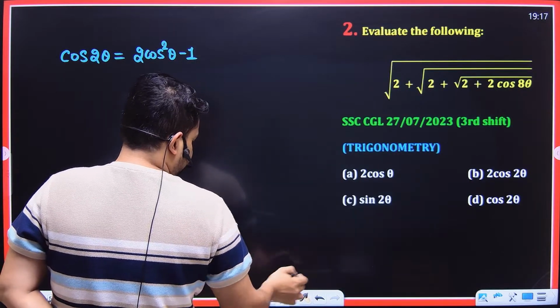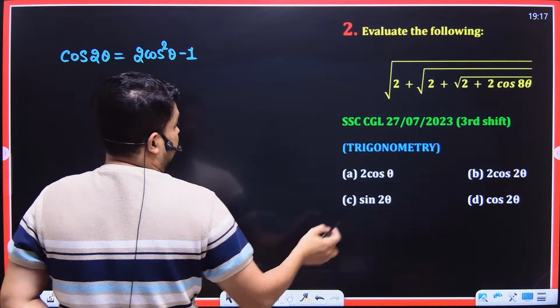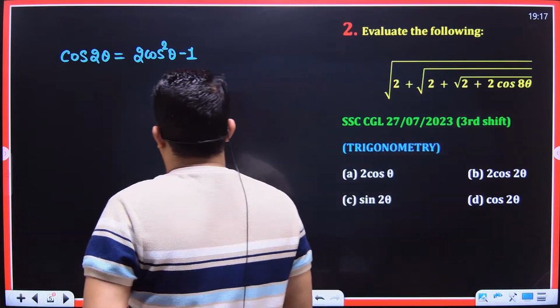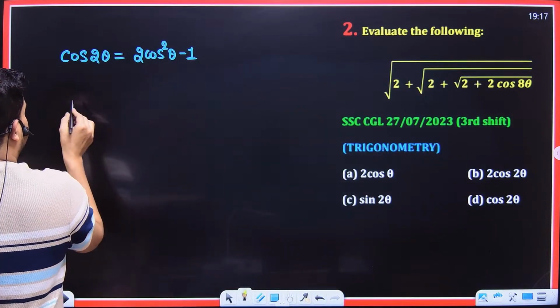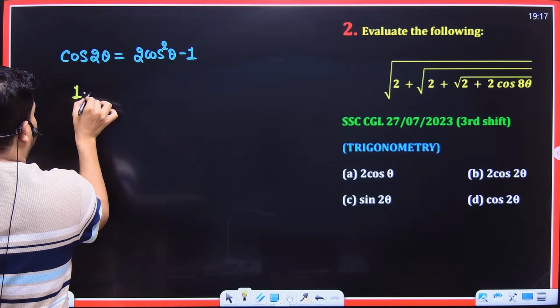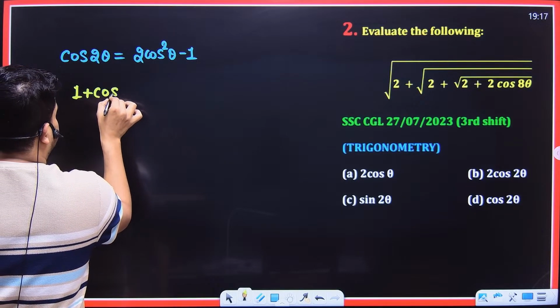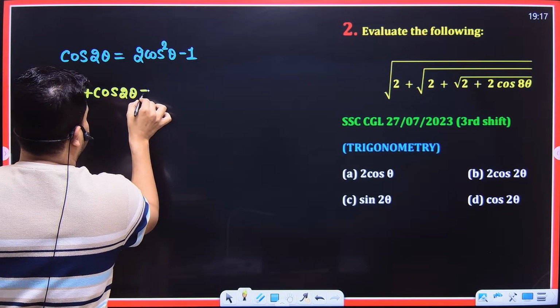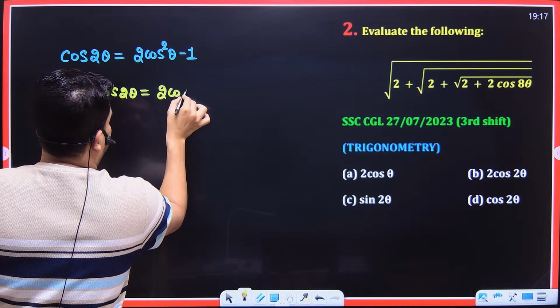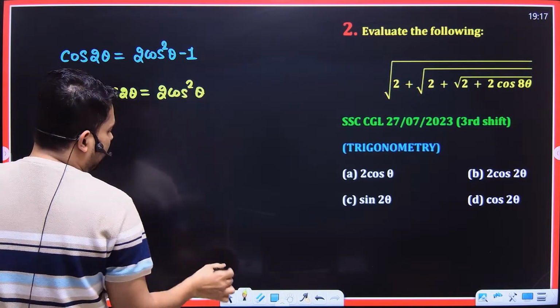Here we have cos of some theta. If I have to calculate, then 1 plus cos 2 theta is equal to 2 cos square theta. It is called the half angle formula.